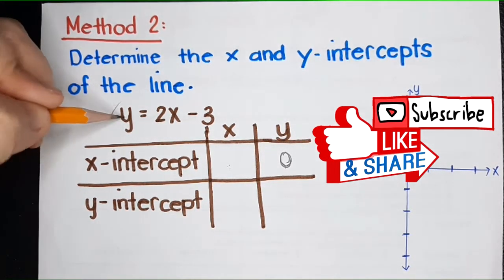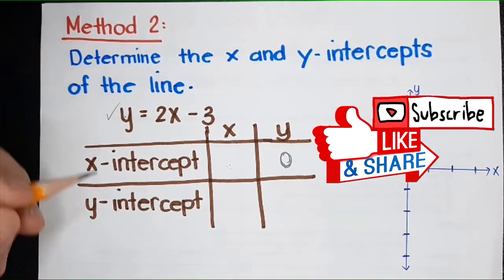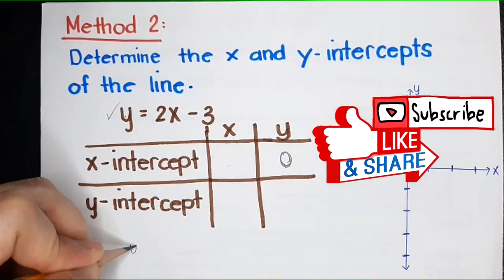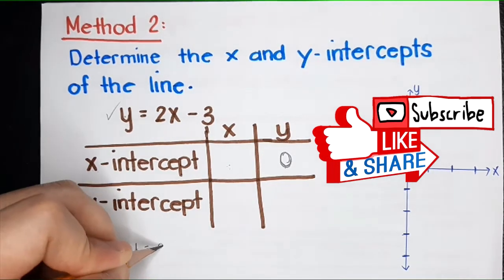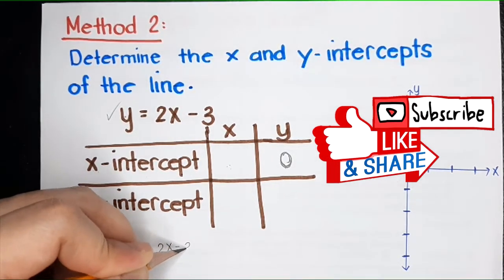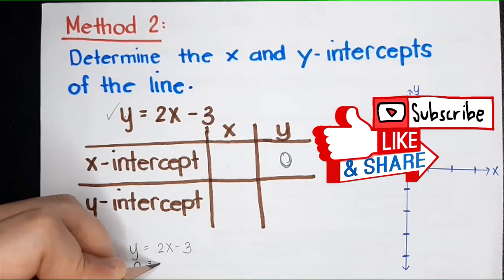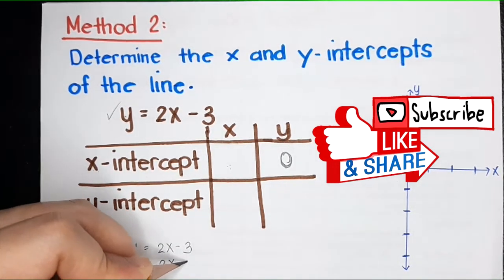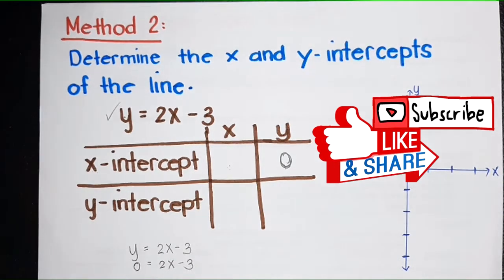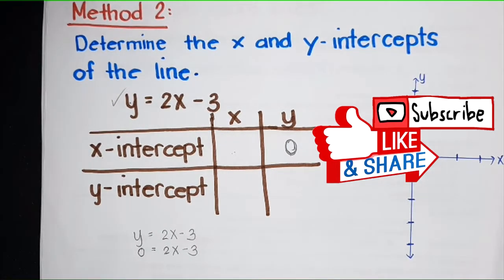So, kung 0 to, okay, so let me do a scratch here. So, y equals 2x minus 3. Okay, your y is 0, so you have 0 equals 2x minus 3. Right? And then we try to solve for x.